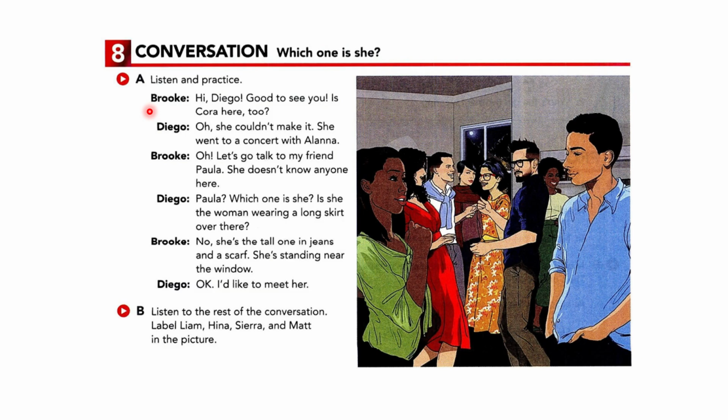Is she the woman wearing a long skirt over there? No, she's the tall one in jeans and a scarf. She's standing near the window. Okay, I'd like to meet her. Okay, jeans and scarf.